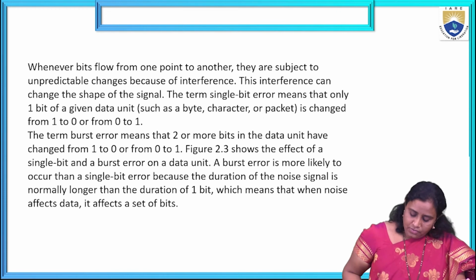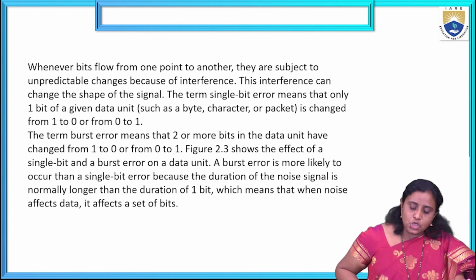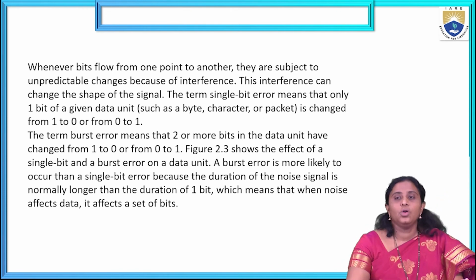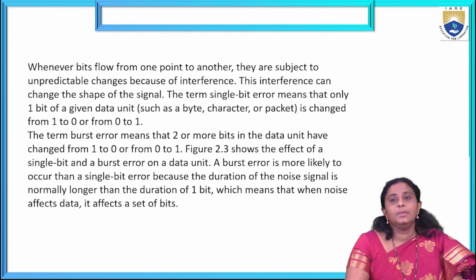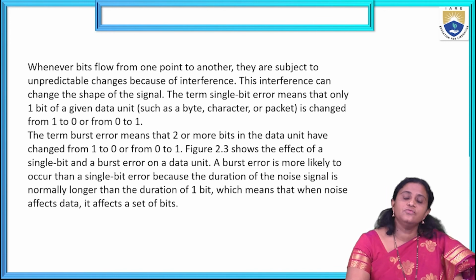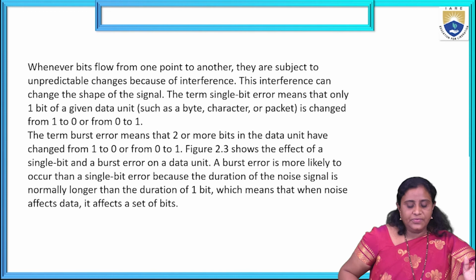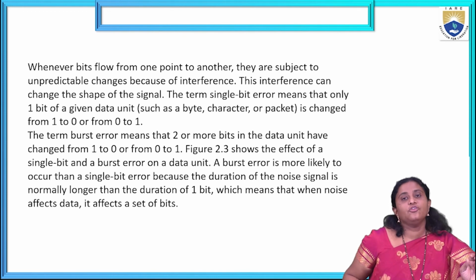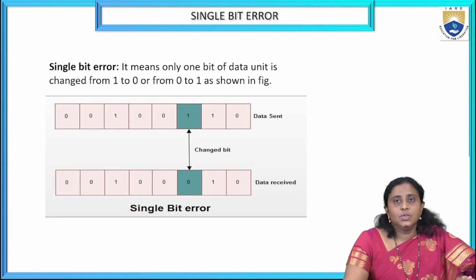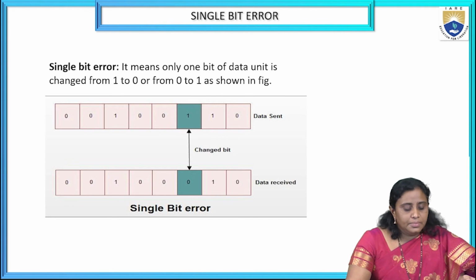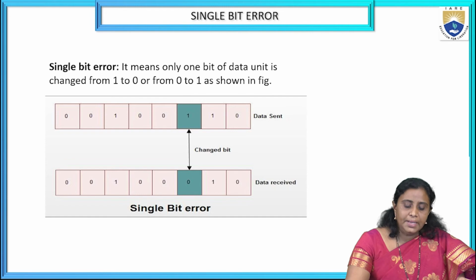A burst error is more likely to occur than a single bit error because the duration of the noise signal is normally longer than the duration of one bit, which means when noise affects data, it affects a set of bits at once.